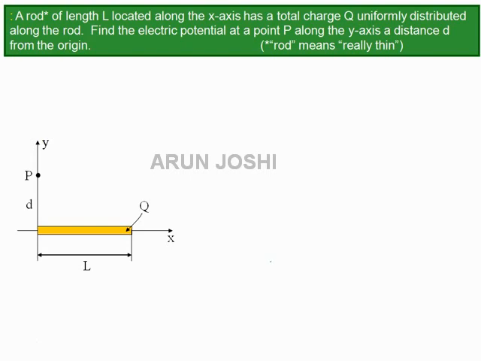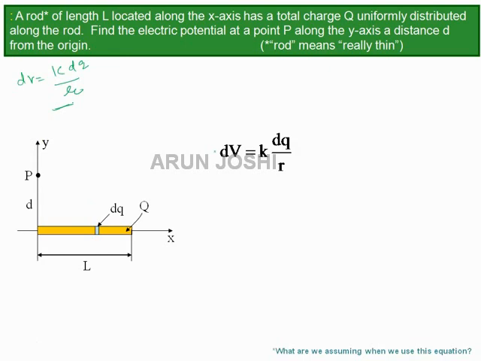Okay, again you know the formula very well. Firstly you have to take the elemental charge and calculate the elemental potential. So on this rod I take the elemental charge at a distance x of width dx.